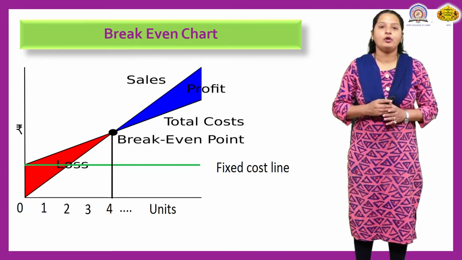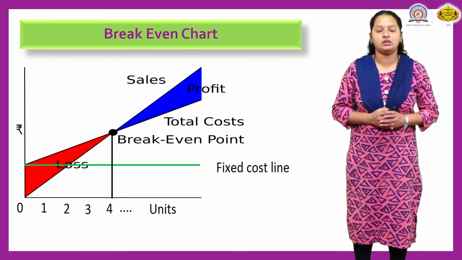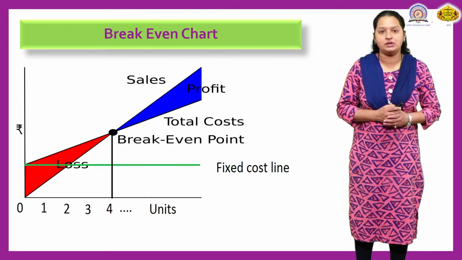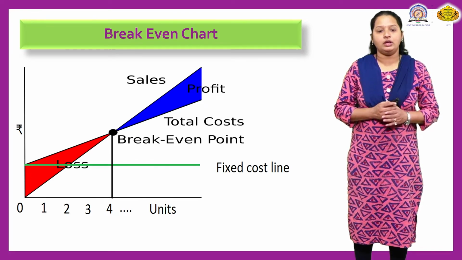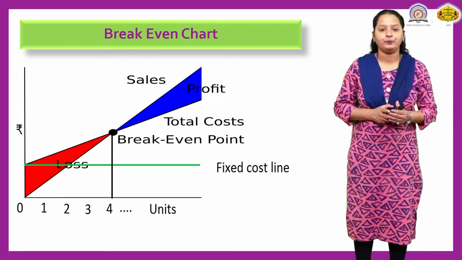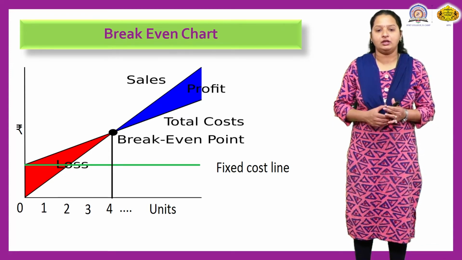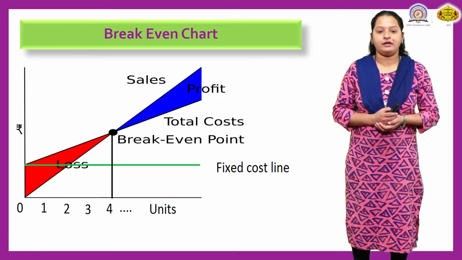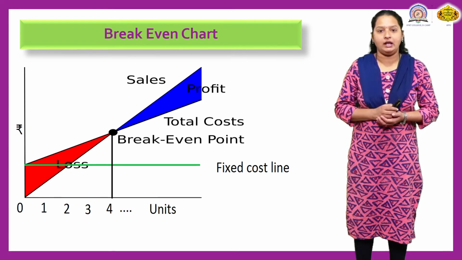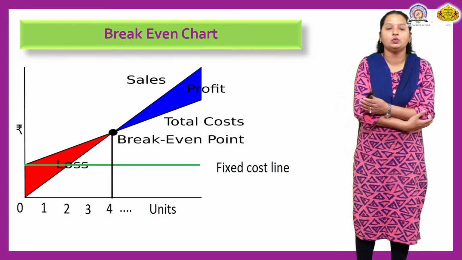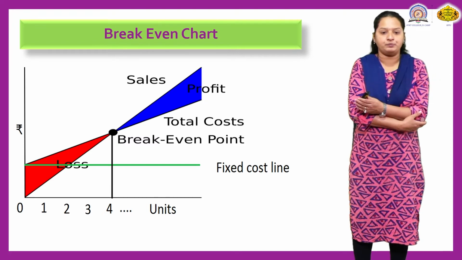The area above the break-even point denotes the profit, and the area below the break-even point denotes the loss. In the chart, you can see there is a fixed cost line, which is fixed for all kinds of production, right from 0 up to n number of units, and which is denoted by the green line.